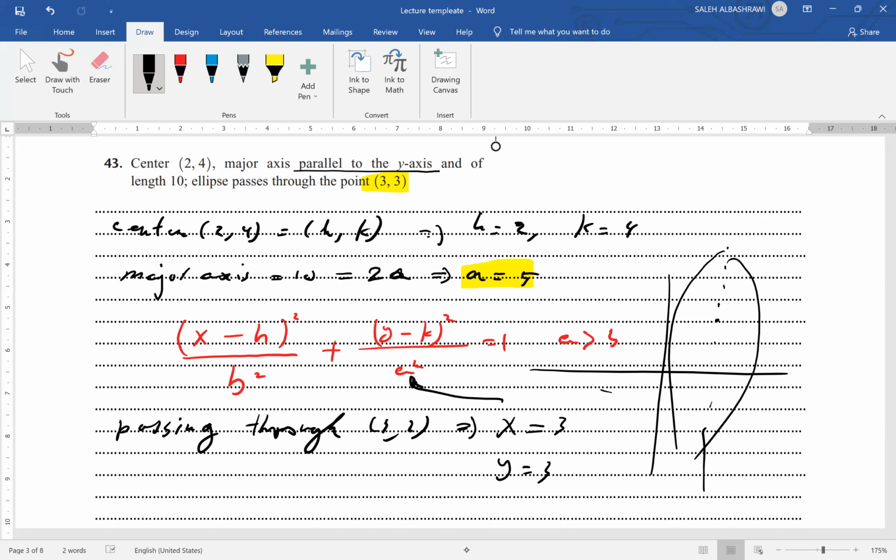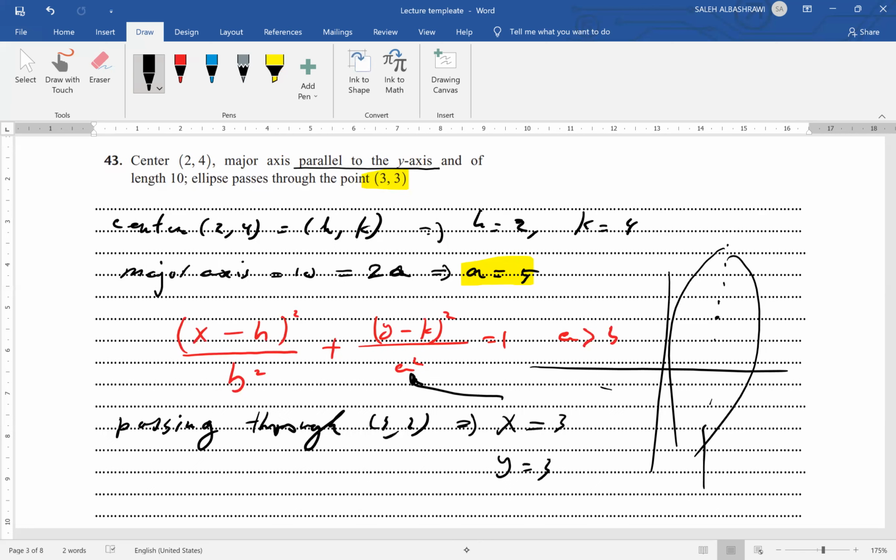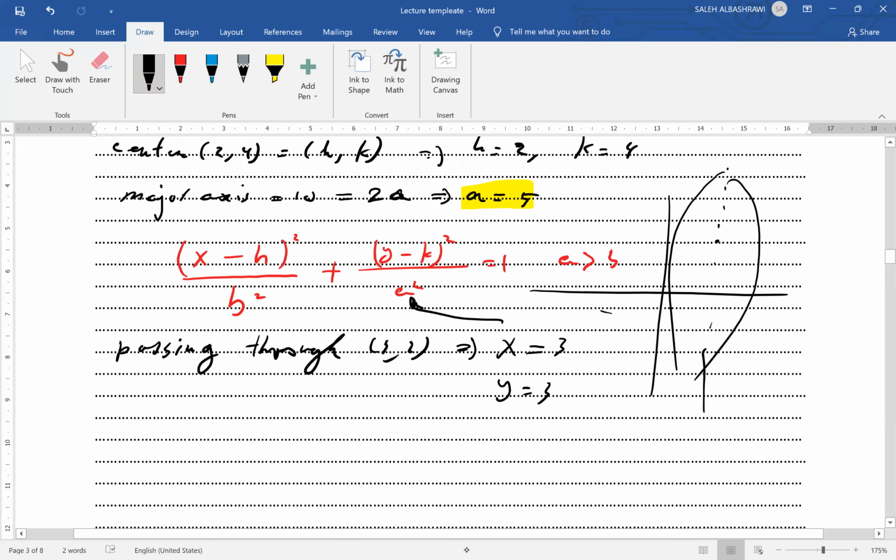So I have x, I have h, I have y, I have k, and I have a. We can find b. From this one, x is equal to 3, so it will be (3 minus 2) all to power 2 divided by b squared plus y is equal to 3, so it is (3 minus 4) all to power 2 divided by a squared, which is 25, is equal to 1.